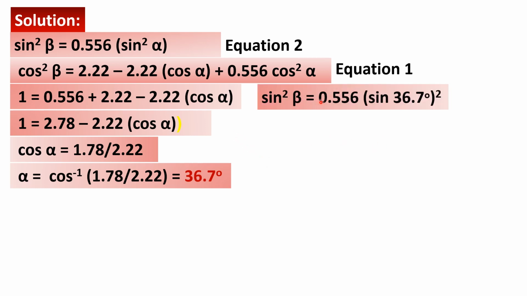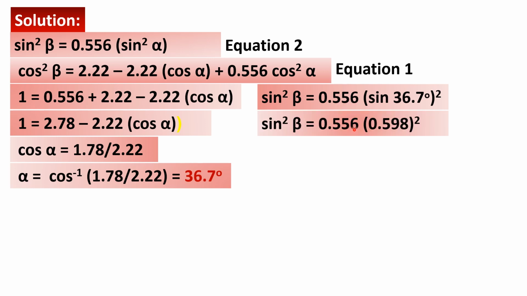We just substitute the angle. Alright? Sine squared beta is equal to 0.556 multiplied by the sine of the angle 36.7 degrees, and then square. You still square or get the square of the value sine 36.7 degrees before we multiply it to 0.556.